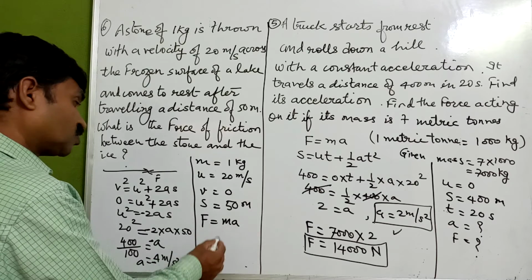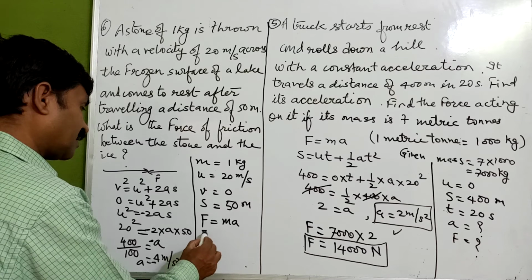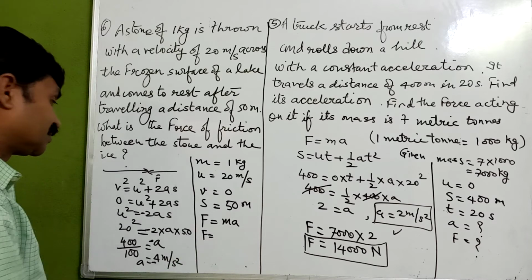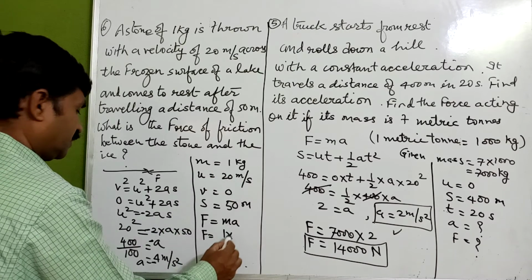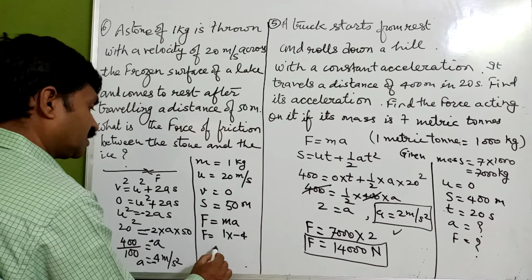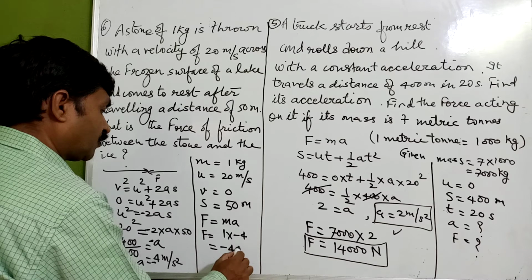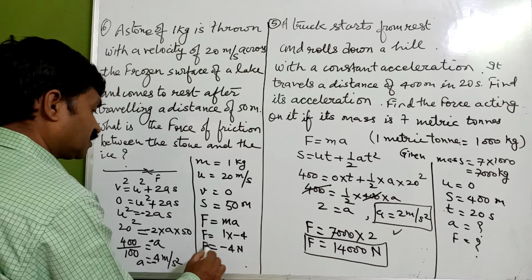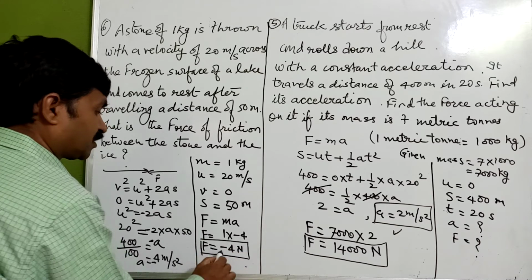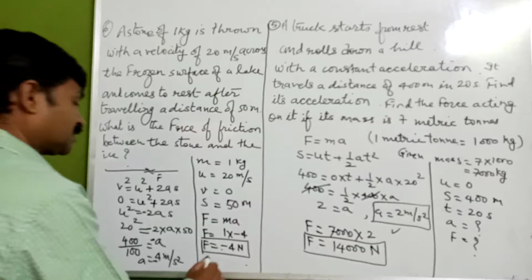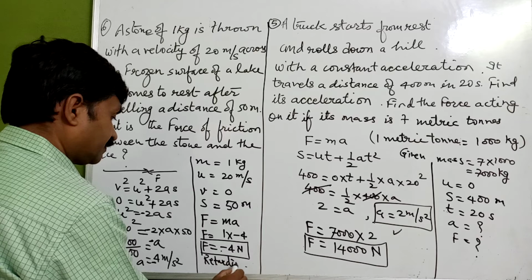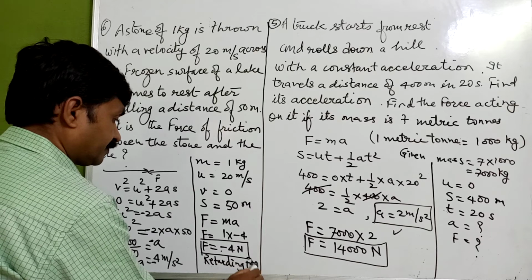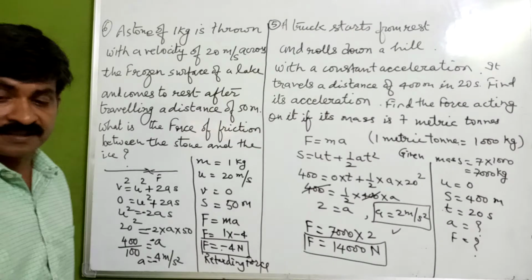So the force which we are going to have is the retarding force, and mass is 1, multiplied with this 4, so minus 4 Newton. Now this minus is indicating the direction of the force, meaning it is a retarding force.